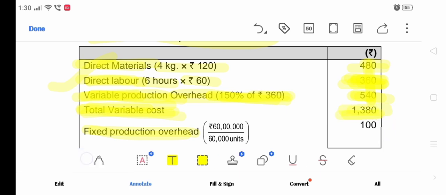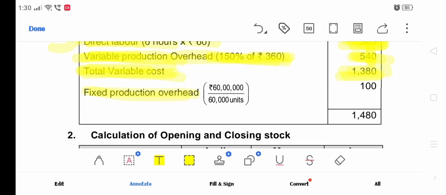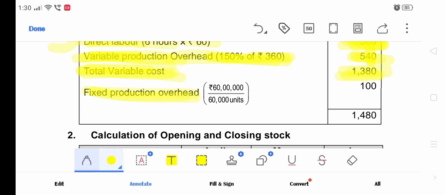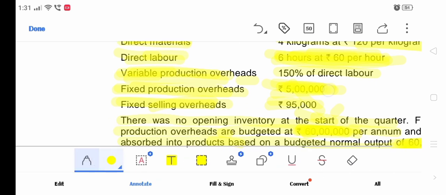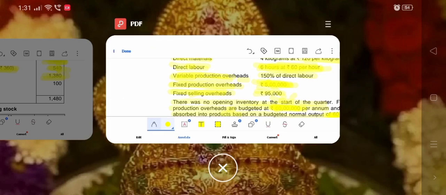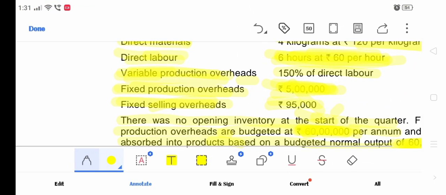So now we are calculating fixed production overhead. Here, in the question they have given 5 lakh. But do we need per unit or total? Per unit we require, right? I already told you, per unit fixed cost changes, while in variable cost it is the same.